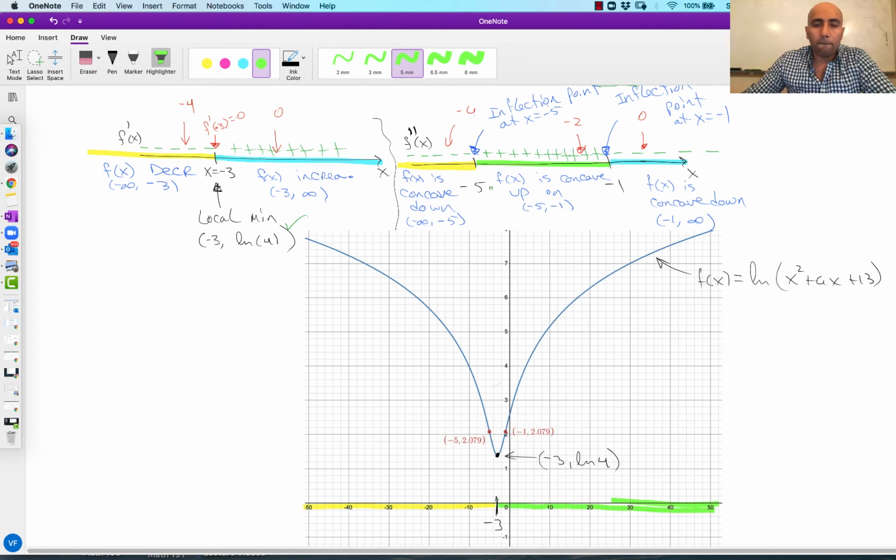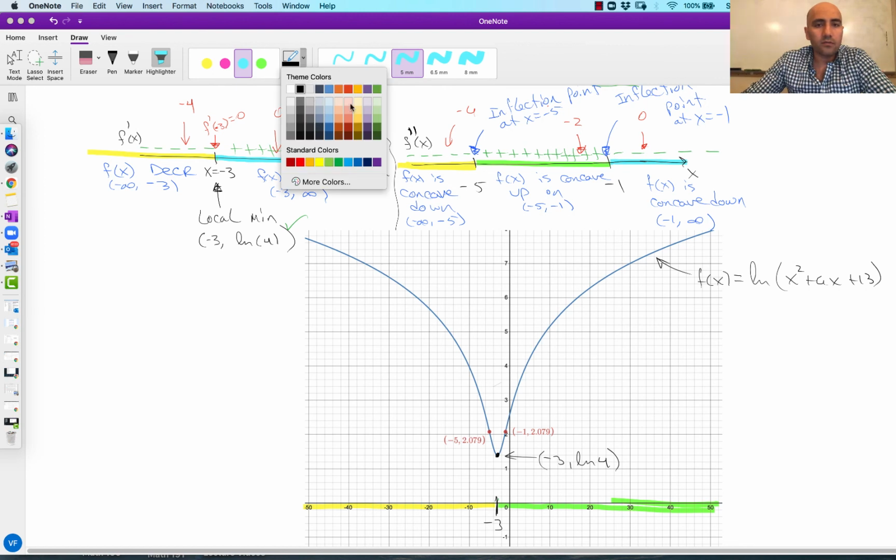What about over here? This is saying that the function is concave down on the interval from negative infinity up through -5.